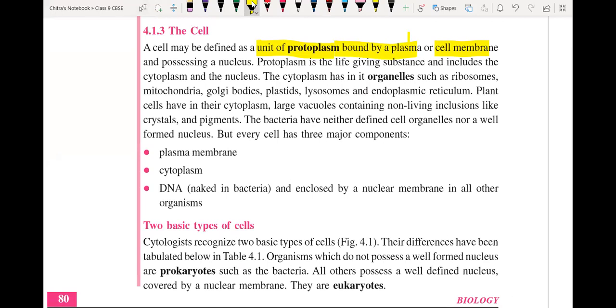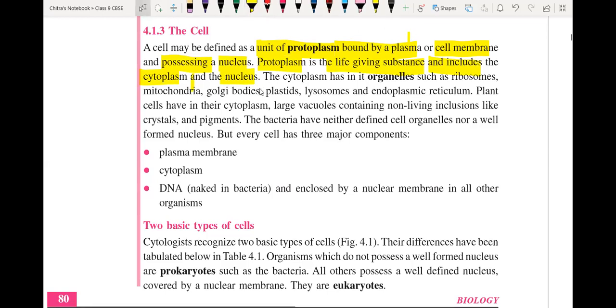It contains a nucleus, which is the main processing part of the cell. Protoplasm is a life-giving substance due to which life is possible. It includes the cytoplasm and the nucleus, so cytoplasm and nucleus are the main parts of the cell.